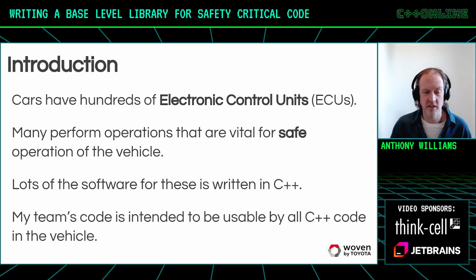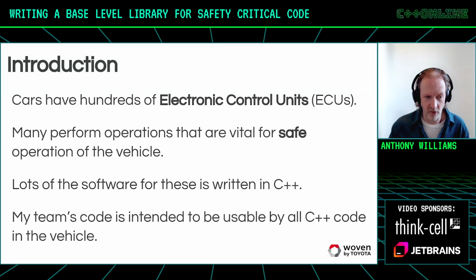In fact, the code that my team writes is intended to be usable by all the C++ code in the vehicle. We're writing low-level libraries that we're hoping abstract lots of the things like data structures, and that are then common to lots and lots of the code in the vehicle.